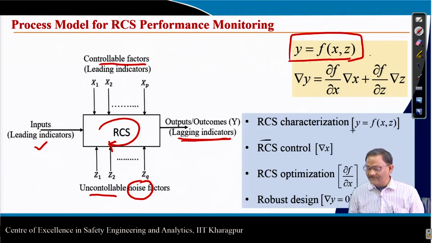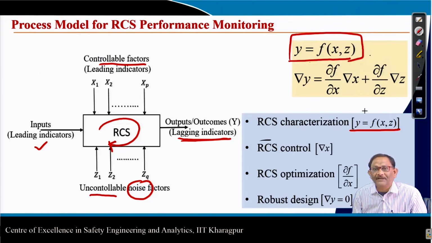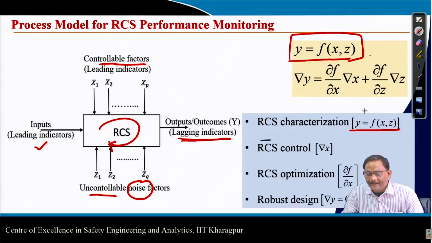If we can do this, then the RCS is properly characterized. You are saying I have designed the RCS, but your designed RCS is meaningless unless you know this, unless it is documented and the relationship is built.